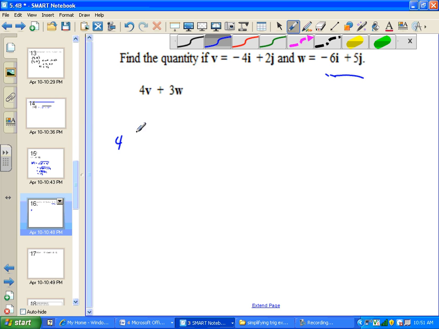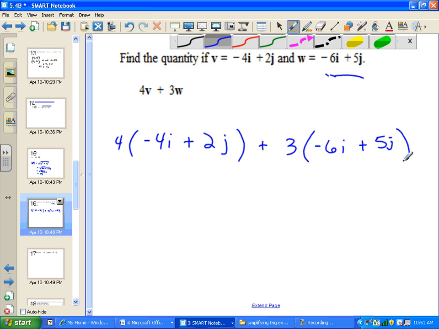Okay. So we're saying 4 times vector v. So I'd say 4 times -4i plus 2j, and then plus 3w. So it's a plus 3 times -6i plus 5j. Okay. Now, what do we do with a scalar like 4? Exactly like it looks, you multiply.